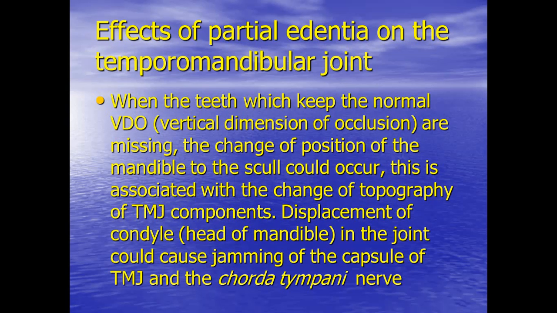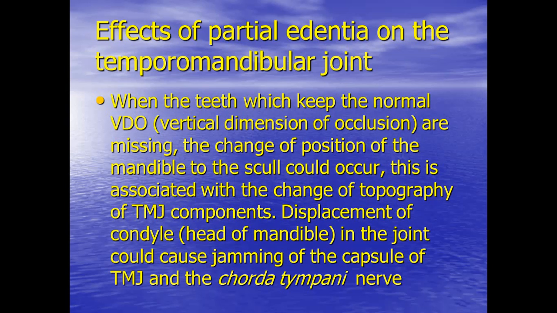The head of the mandible is also displacing more vertically and more distally. And the distal part of the joint does not have any bony support. It's just a capsule of the TMJ. So it cannot hold it.